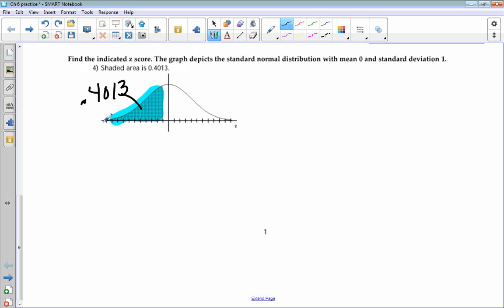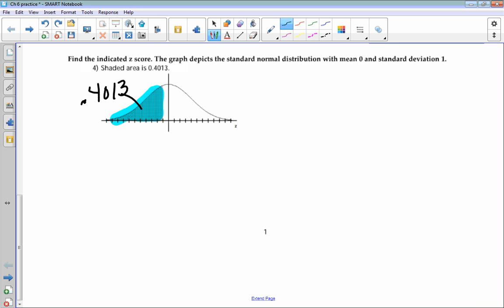Critical. Remember, your z-scores are the numbers here along our horizontal axis, like a number line. My area or the shaded area, like you would find the area of a square or find the area of a rectangle. It just so happens that the area we're finding is the area that's underneath that curve.